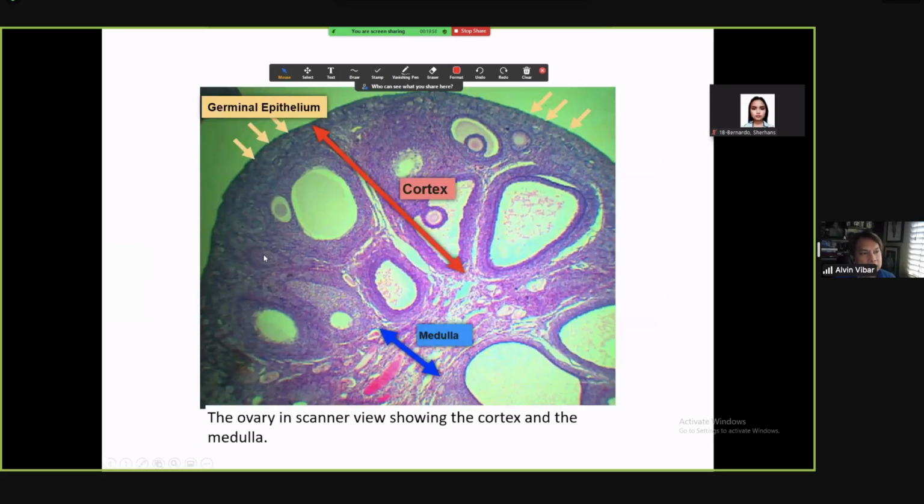So we have your germinal epithelium, the cortex, and the medulla. Two main layers, remember, cortex and medulla, and you have to identify the germinal epithelium.